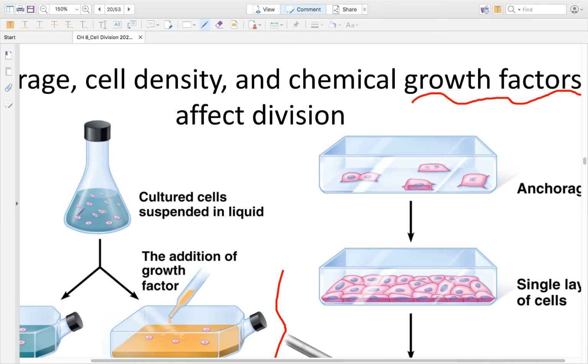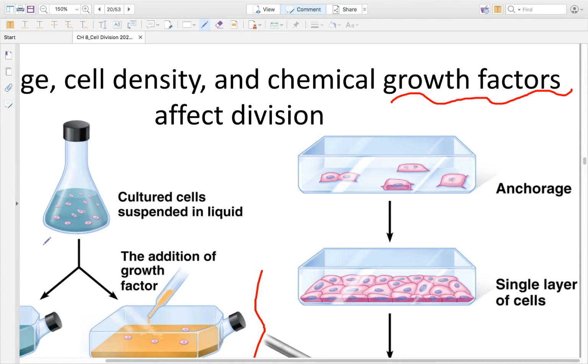See all of these cells, they've been placed in this cell culture suspension. Basically, that means it's got all of the nutrients and factors that are required for a cell to survive. So they have all the food and nutrients that they need, right? So they can divide if they need to, but they're floating around, meaning that they're not anchored to anything. So they don't actually grow.